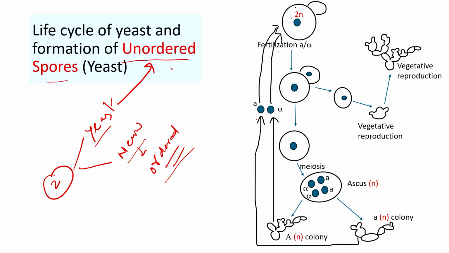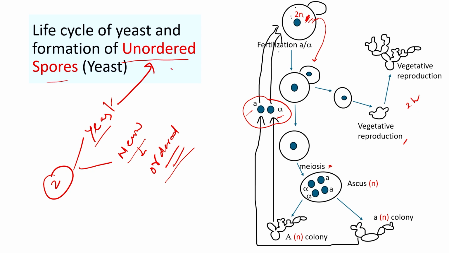You can see that when these two different mating types, A and alpha, fertilize, they make a 2N zygote, and this 2N can divide and vegetatively propagate as 2N, right. And this 2N organism can also form spores by undergoing meiosis. When it undergoes meiosis, it forms 4 spores.